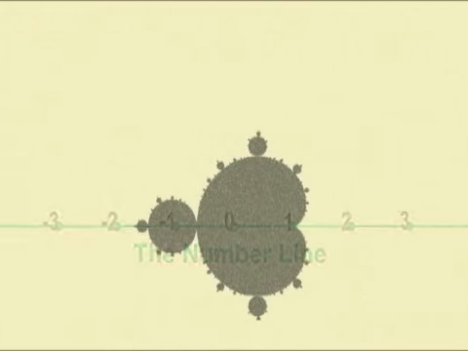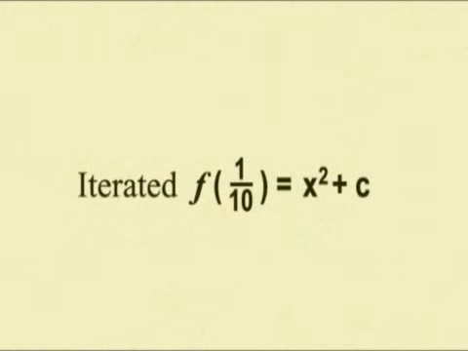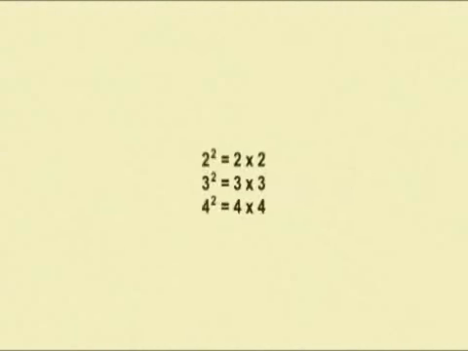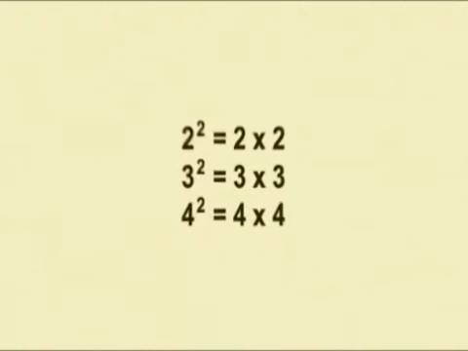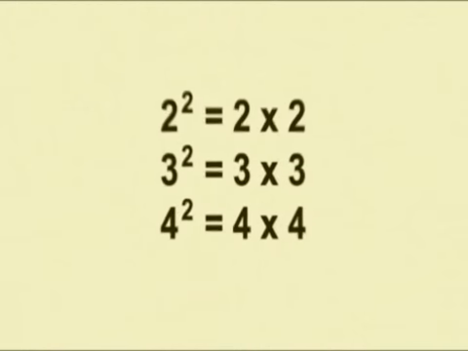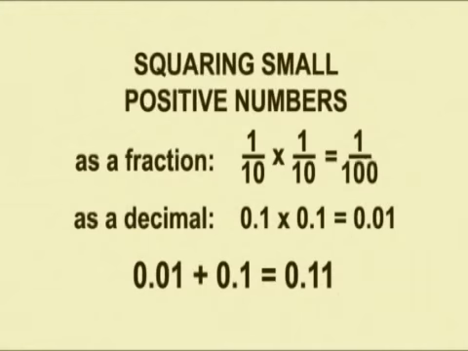First, let's see what happens when we use a very small positive number as our input. As you know, squaring a number just means multiplying it by itself. Anytime you square a number less than 1, the result is an even smaller number. When you square 1/10, your answer is a tenth of a tenth, or 1/100th.